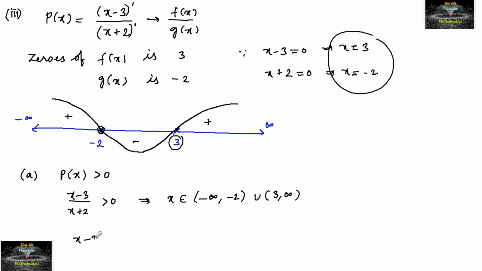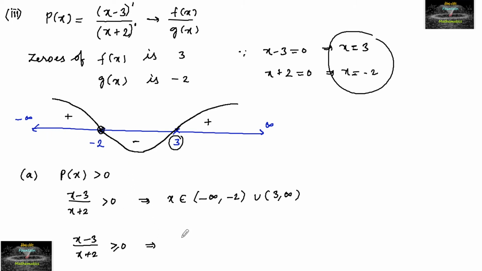And for (x − 3)/(x + 2) ≥ 0, while solving for greater than or equal to 0, the numerator can become 0 but the denominator must not be equal to 0. So we must not include −2, even though we can include 3, because −2 is outside the domain of the function.